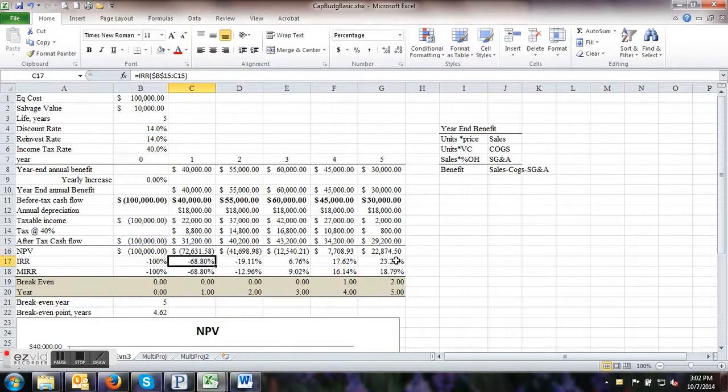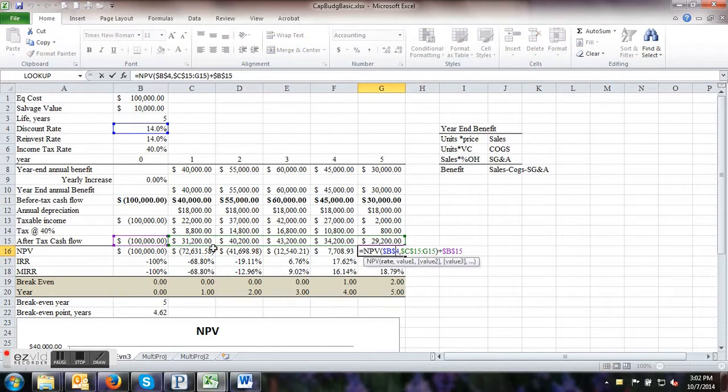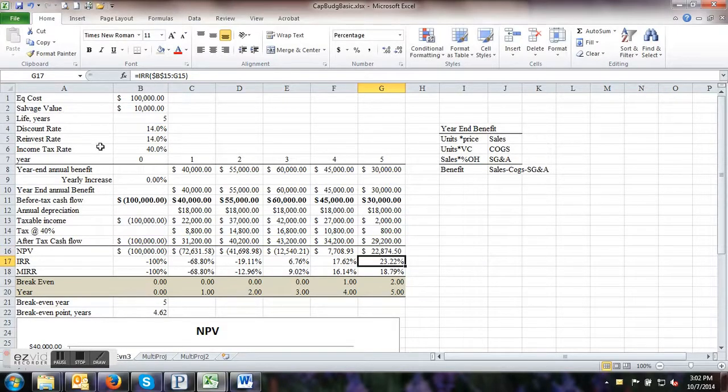So we get to the end, and what you see is a bunch of positive cash flows discounted plus the initial cash flow. So based on these constraints, this is a positive NPV project, basically saying it's worth $22,874.50 just sitting there.